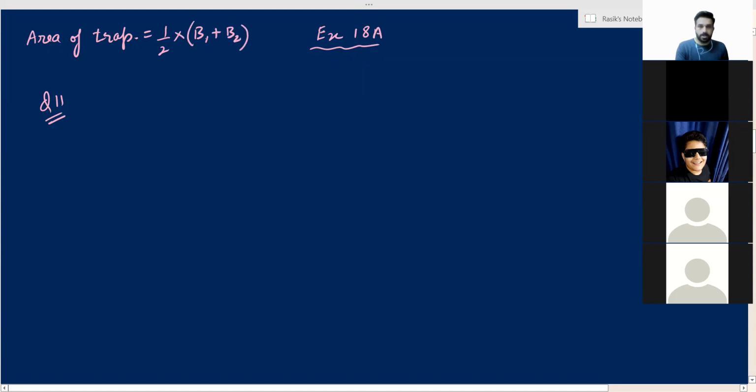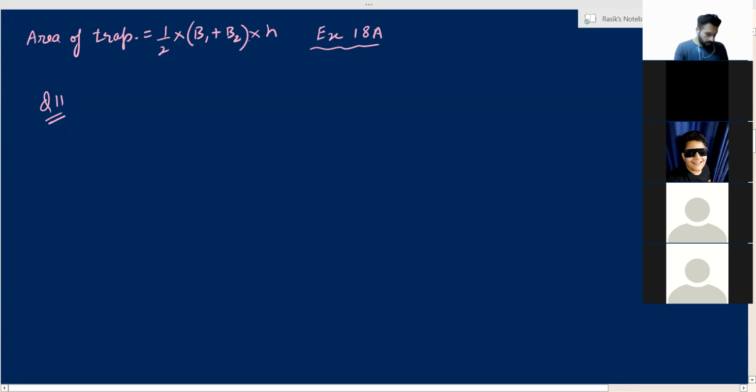We can also call them base 1 and base 2. Sum of parallel sides B1 plus B2 into height. Height of the trapezium is the distance between the parallel sides. Perpendicular distance between parallel sides is known as the height of the trapezium. Based on this formula, we are doing the questions from the exercise.